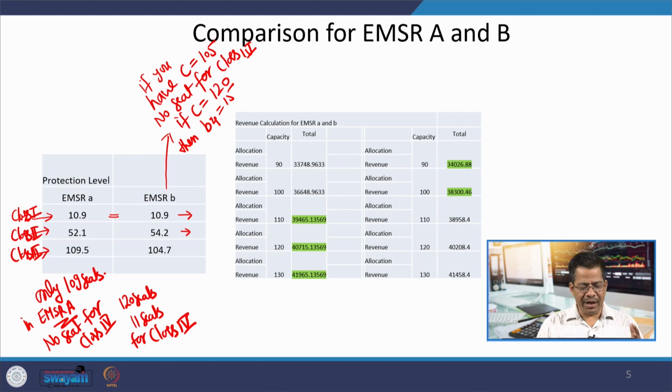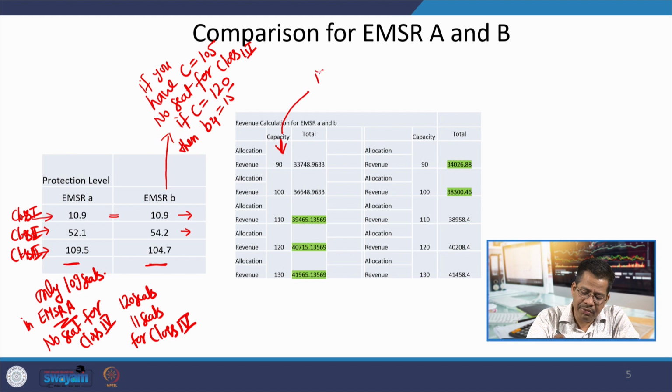So, in this way for EMSR A and B, there is no need of having the protection level for class 4, because that is variable and depends upon how much capacity you are going to have. Then if you see the right side of this screen, here we have multiple criteria, and the multiple criteria is with respect to the capacity of your system.